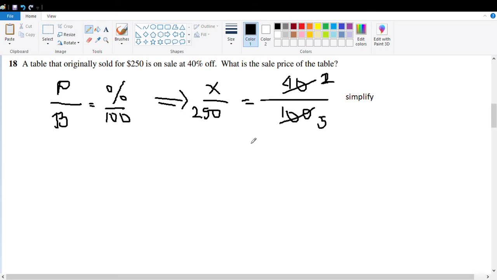Now cross multiply. And you're going to get 5x is equals to 250 times 2, which is basically 5x is equals to 500.